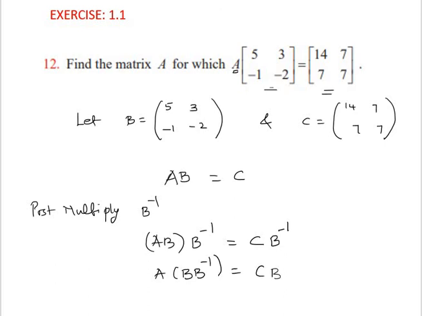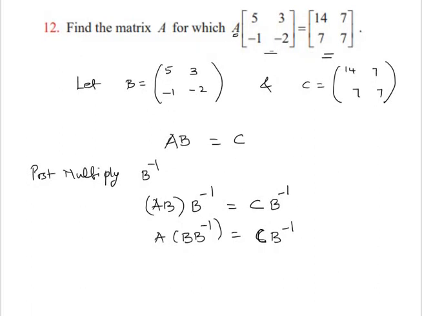Therefore, I can put the bracket anywhere. So this is C into B inverse. Now B into B inverse becomes A into I. Whenever we multiply a matrix and its inverse, we get the identity matrix. Already we have proved this in some sums, and in the formula list in the introduction part also we have seen that. That is equal to CB inverse.